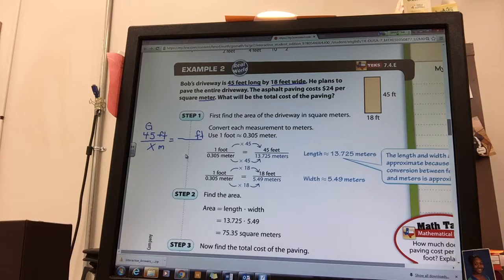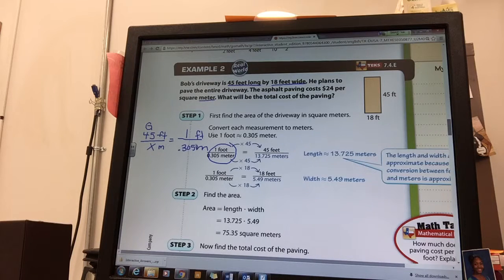So last time my feet would have gone down here, but this time it's going to go here. So what do I know about feet and meters? 1 foot is 0.305 meters. So my 1 foot goes with my foot, 0.305, sorry.